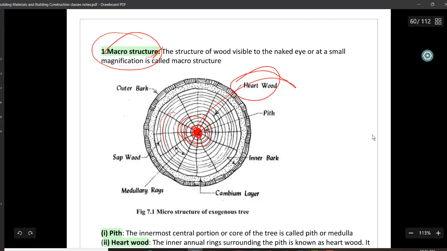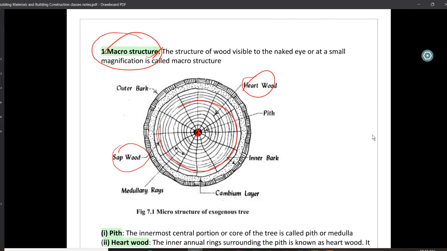Then the annular rings which are far away, we call them sapwood. So the closer to the pith, we call it heartwood, and the annular rings far away are called sapwood. With respect to time, heartwood keeps forming. After the sapwood, this layer that is forming, you can see this clear part after the sapwood, that is called the cambium layer.